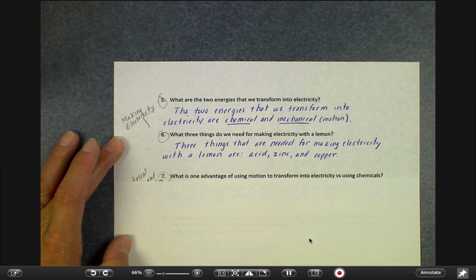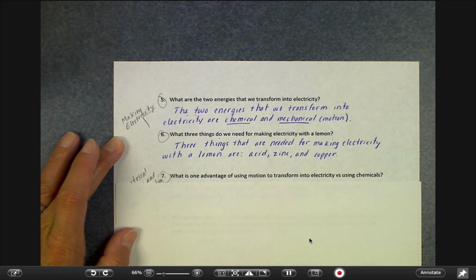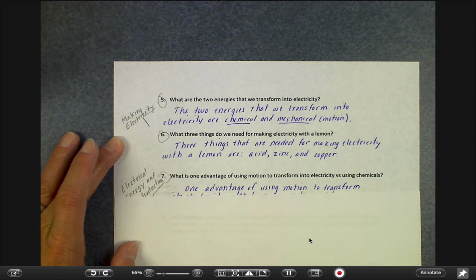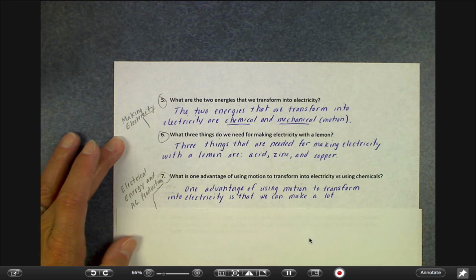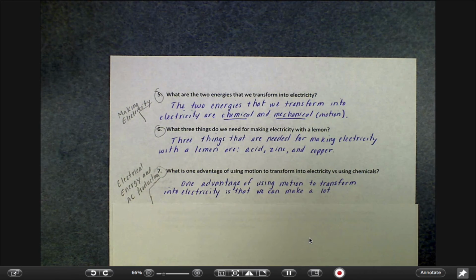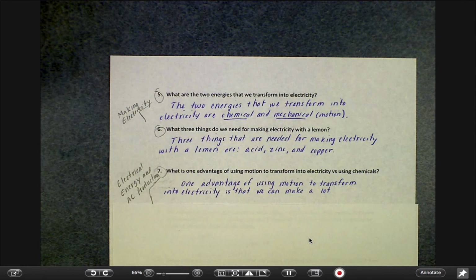Question number 7, what is one advantage of using motion to transform into electricity versus using chemicals? This was in our electrical energy and our AC production labs here.